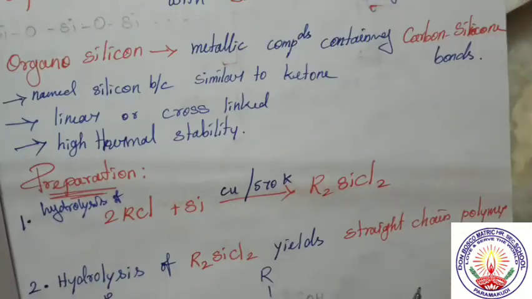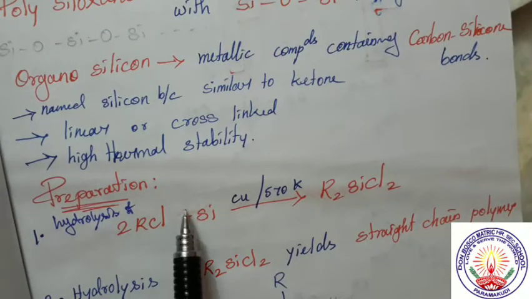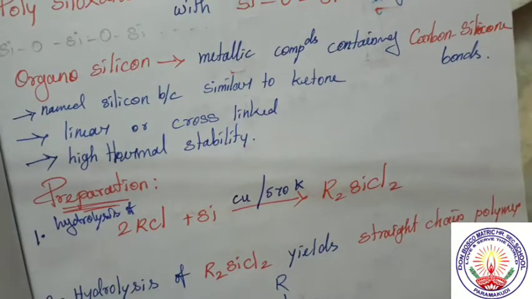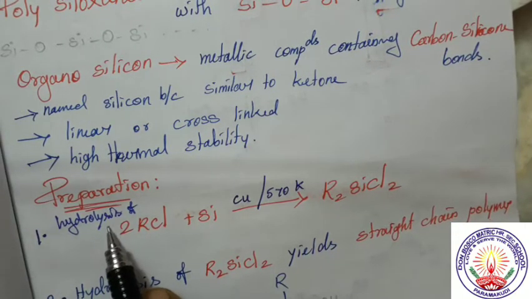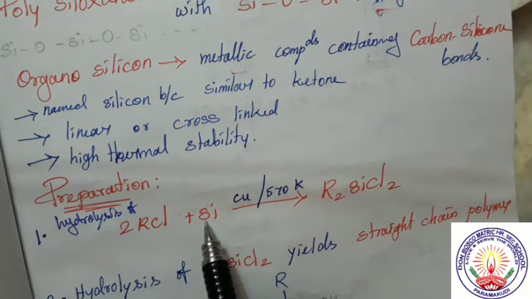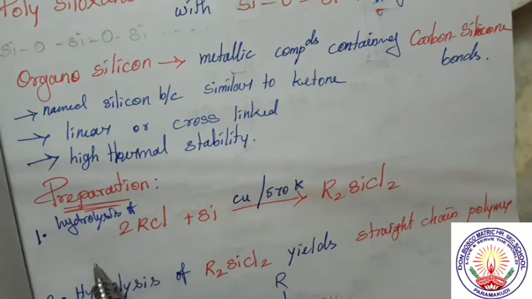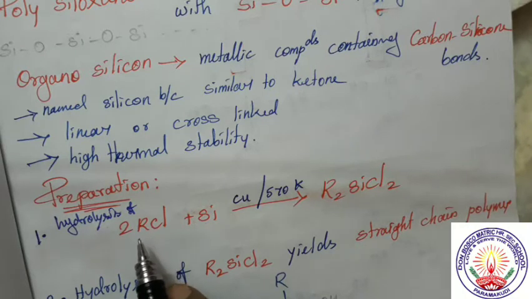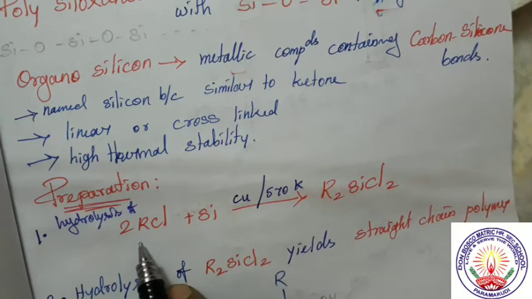Next we shall see the preparation of silicones. Silicones are prepared by passing alkyl chloride or aryl chloride.